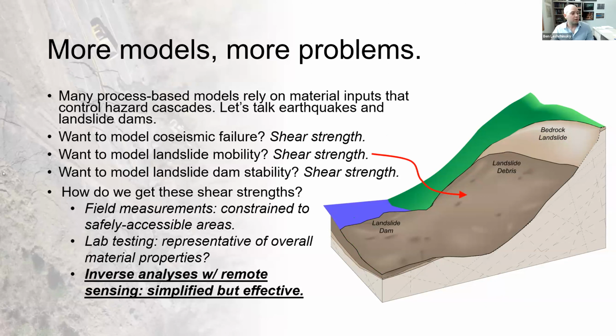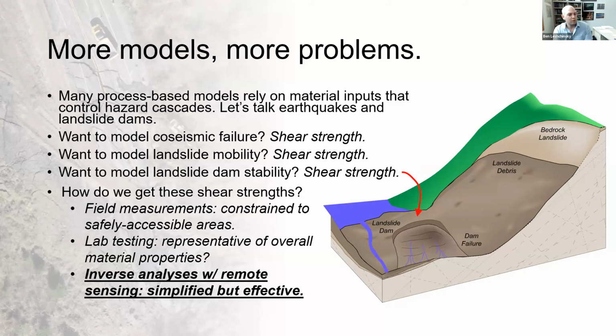If a landslide dam forms and you're concerned about an outburst flood or failure of that dam, you need to know the strength of the dam itself and the debris as it's disaggregated. In the end, what you need is material inputs for a lot of these models, amongst other inputs.